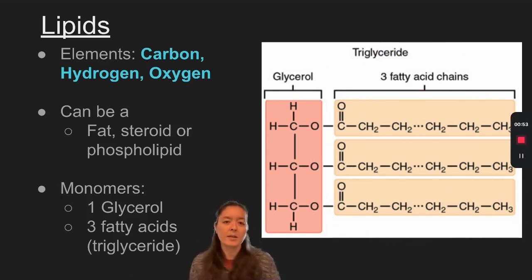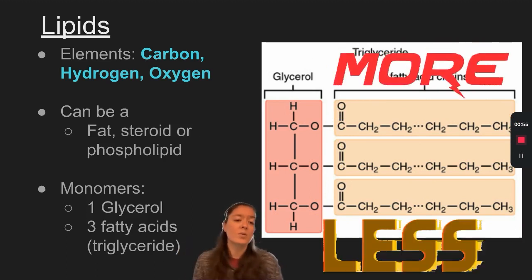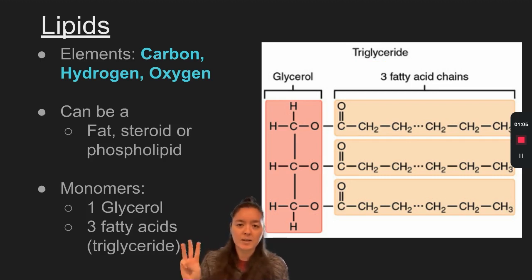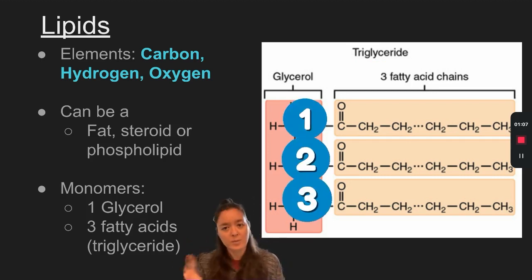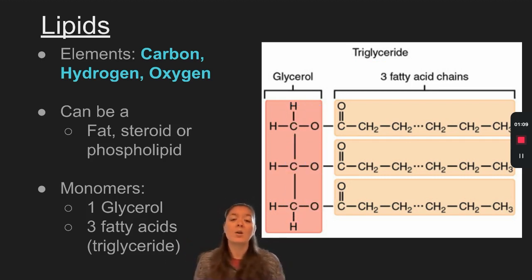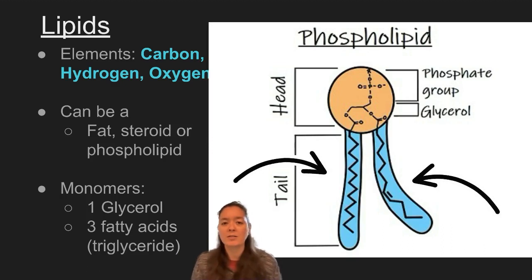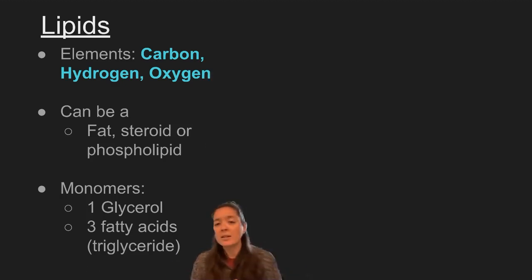Depending on the type of lipid, we can have more or fewer fatty acids, but we definitely need a glycerol and some fatty acids. The example here is a triglyceride. We say tri because tri means three, and this example has 3 fatty acid chains. We can also have lipids with fewer, like a phospholipid has 2 of those fatty acid chains, but depending on the molecule, we can have a different number of those chains.